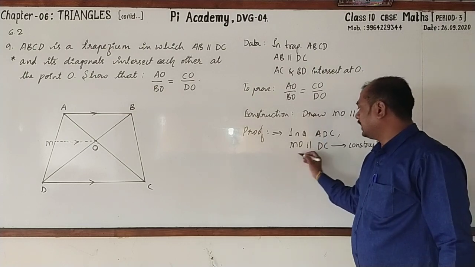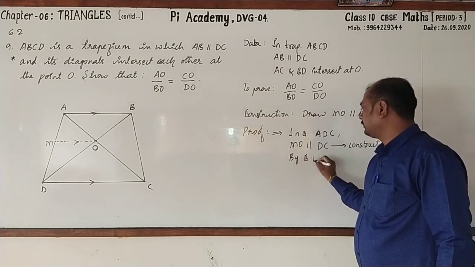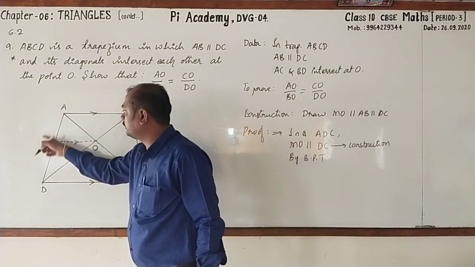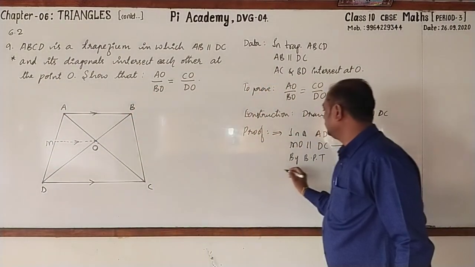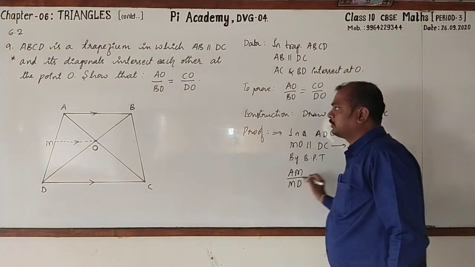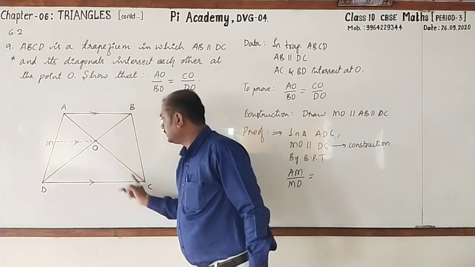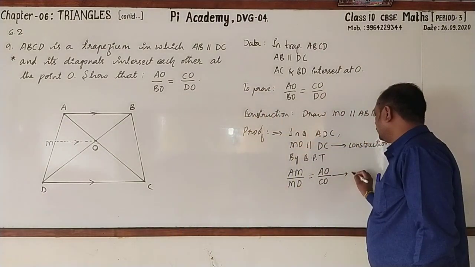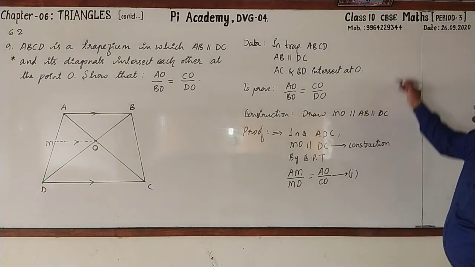As they are parallel, we can use the basic proportionality theorem. According to the basic proportionality theorem, we can write AM by MD is equal to AO by CO. Call it as statement 1.